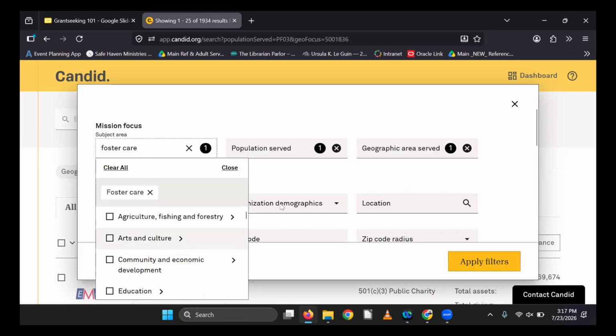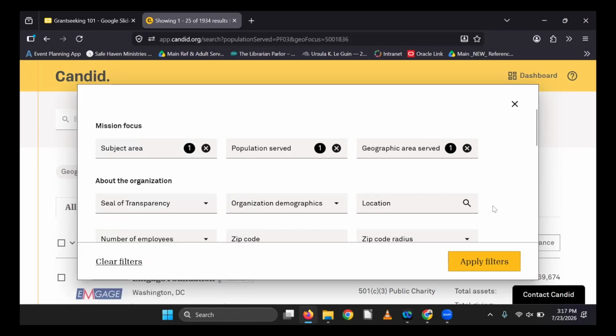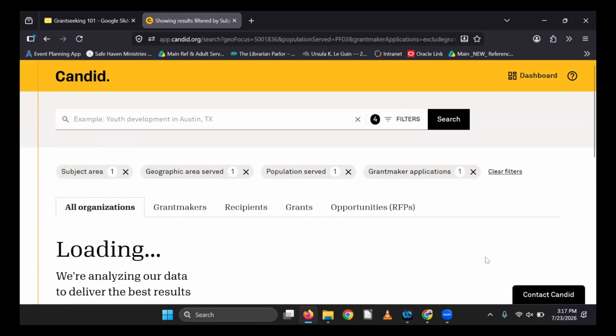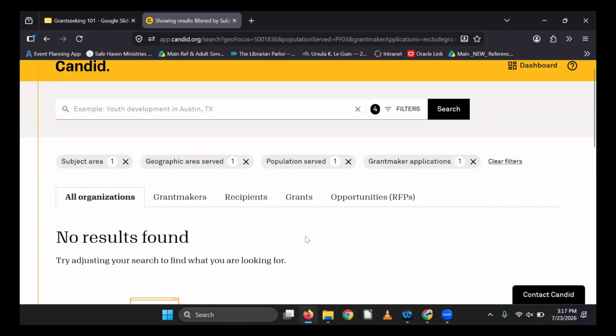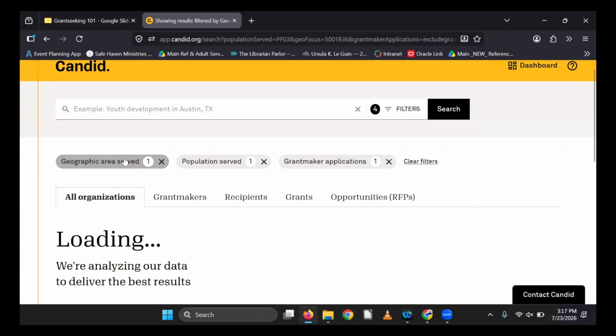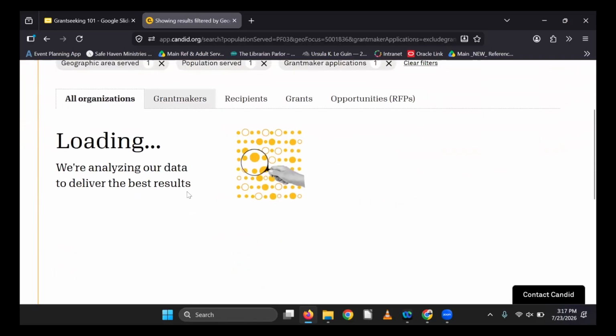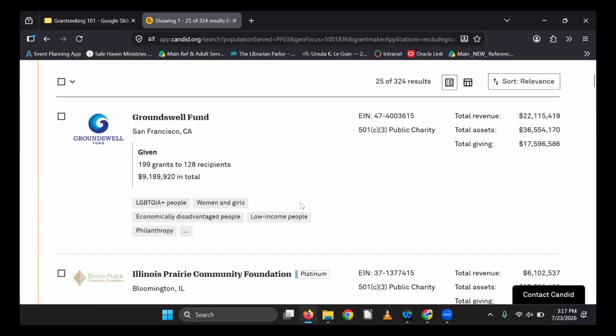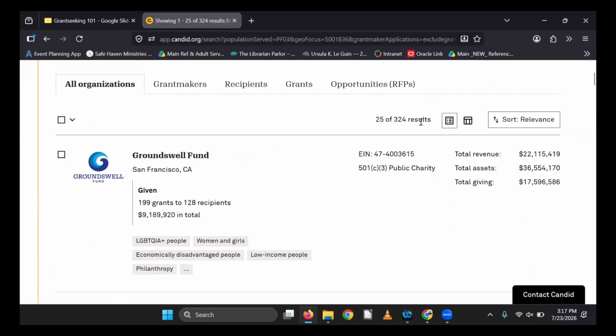So let's see if we can pull in something that follows the foster care system as well. I think that's what's tripping us up, specifically foster care, so we'll exclude that one. And so right now we've got 324 results.